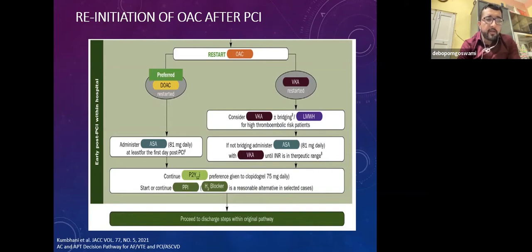Now, if the direct acting oral anticoagulant is to be restarted, we administer the aspirin at least the first day post PCI, and we continue the P2Y12 inhibitor, preference given to clopidogrel, and we start or continue the PPI, or H2 blocker is a reasonable alternative in selective cases, and proceed to discharge after reinitiating the oral anticoagulation.